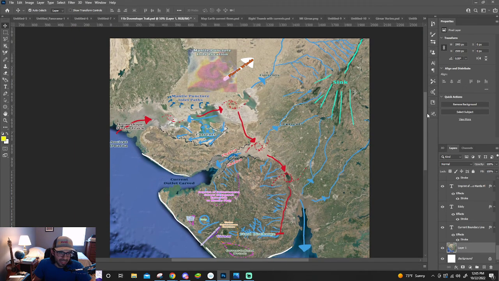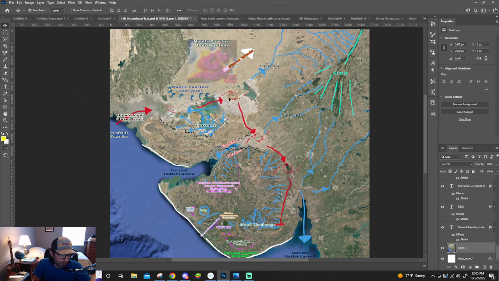Okay. That's pretty good. So the storm comes this way, and then this way, and it causes a separation between the polygons. And then it keeps going this way.